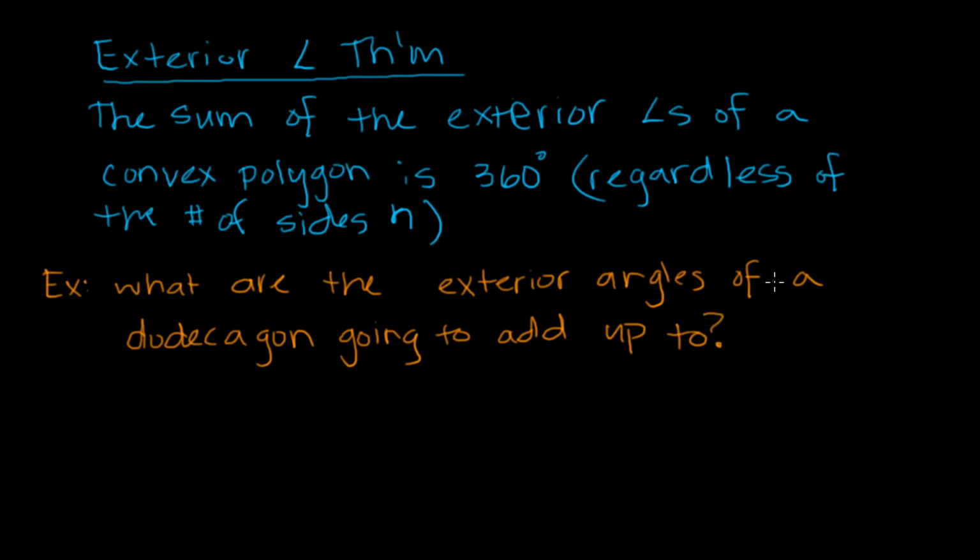All right, that's a silly question because the answer, regardless of the type of polygon, is going to be 360 degrees. So no matter what, it's always going to be 360 degrees.